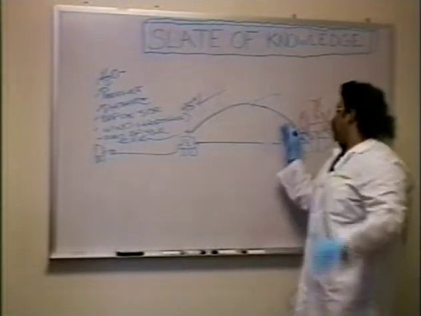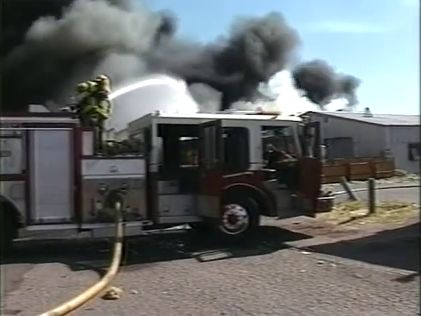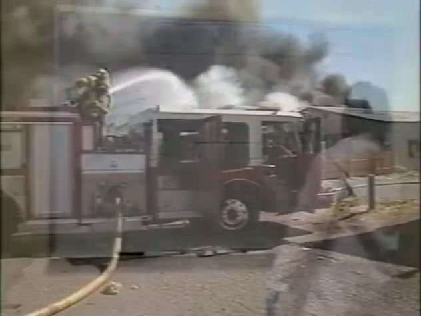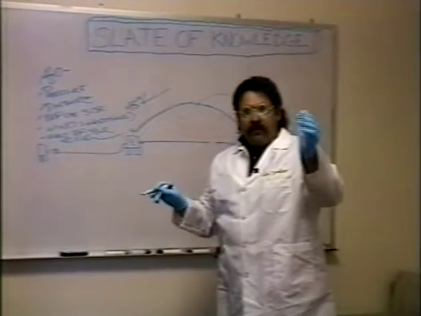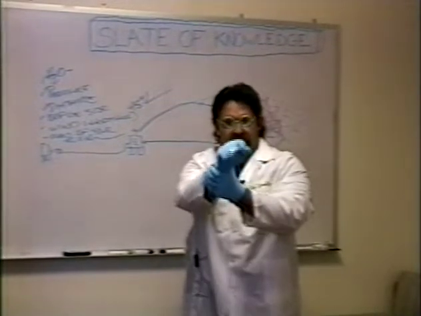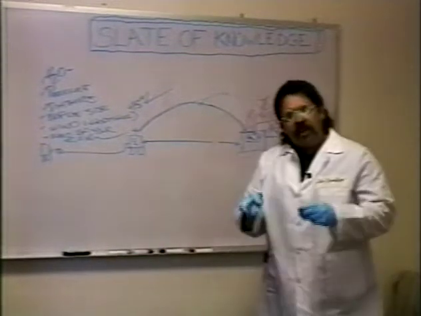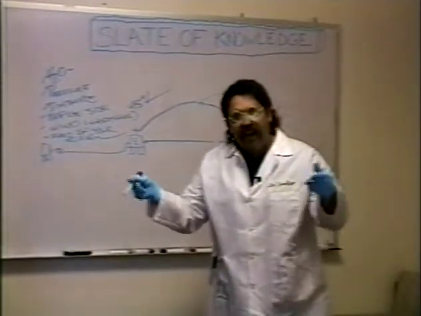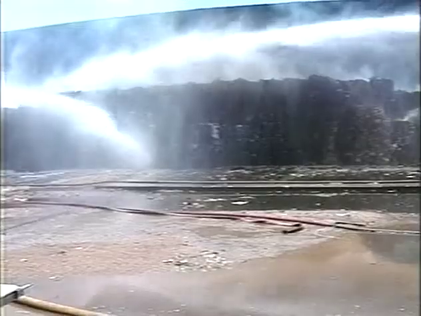It is the breakover point. Your stream starts to break up here, and it starts to break into individual droplets. So remember, the reason we use smoothbore tips is for reach, penetration, fire knockdown. When we exceed our breakover point and we start diffusing the linear flow of our water, it no longer remains smoothbore. It becomes more of a smoothie foggy.